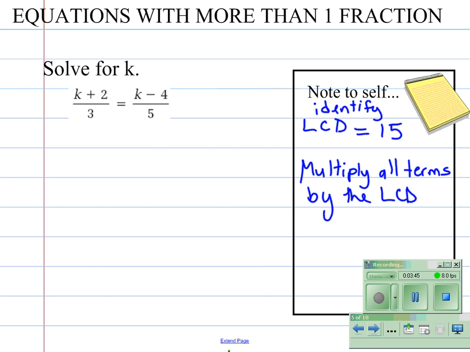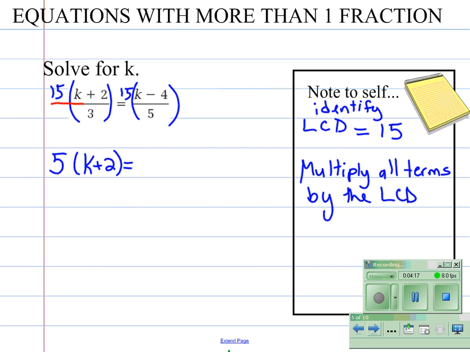And watch what happens when we do that. If I multiply this side by 15, and I multiply this side by 15, once again, it's going to be numerator times numerator, all over the denominator. So you'll notice that the 15 on this side, if I divide it by 3, I can make the line a bit longer if you'd like. 15 divided by 3, all I'm left with is 5 for this coefficient, and then I still have the k plus 2.